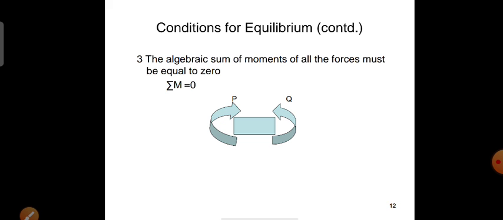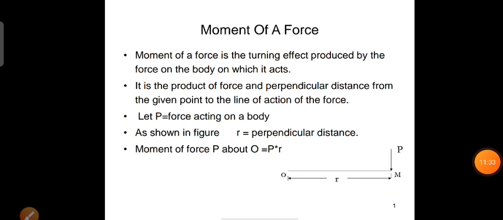Here moment is indicated with the letter M. Moment of a force is the turning effect produced by the force on the body on which it acts. In the figure, if you observe, a force P is acting on a body.